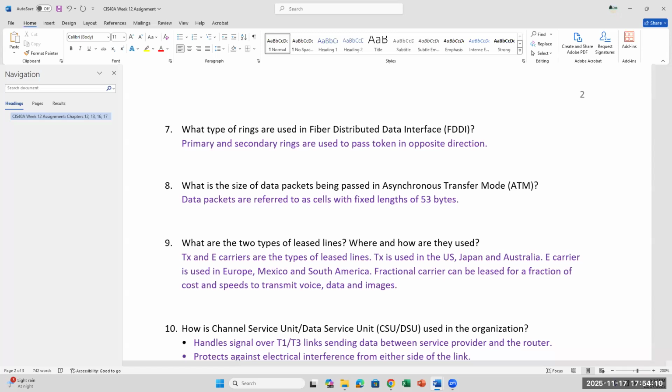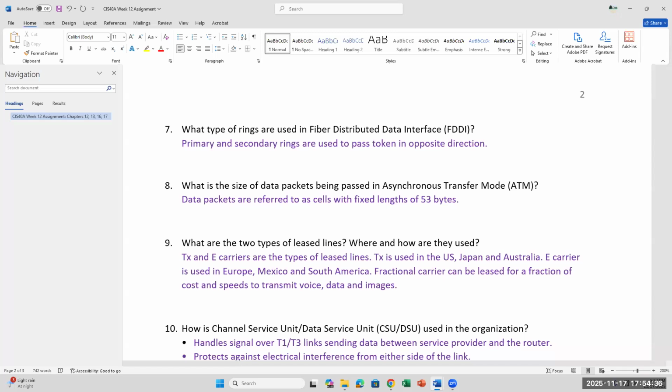And the E carrier is used in Europe. Just remember E for Europe. T, I always remember that for Texas, and that's the United States. Sometimes I have to come up with different ways to remember. But anyway, the T is for US, Japan, and Australia. And then the E is for Europe, Mexico, and Latin America.